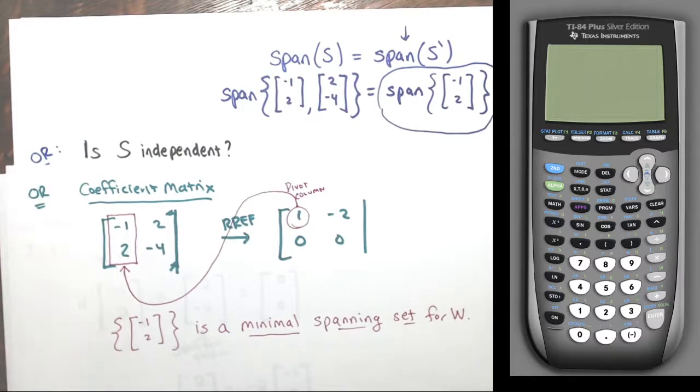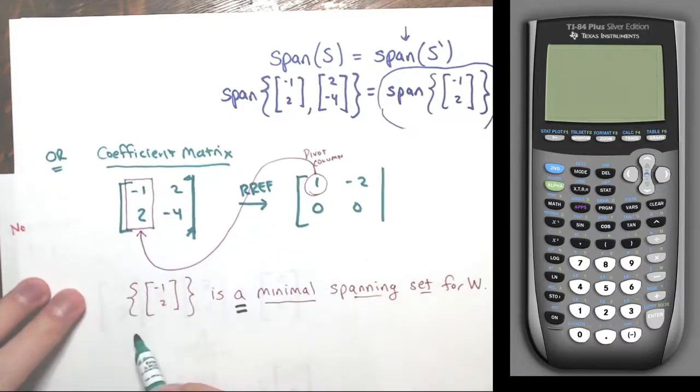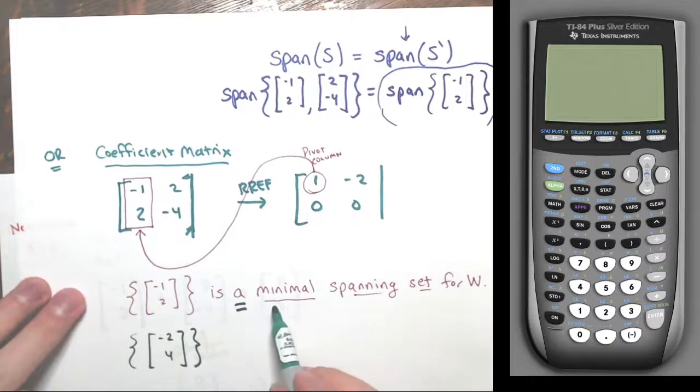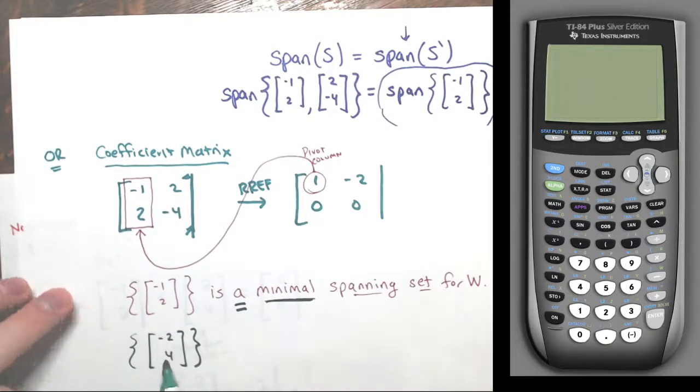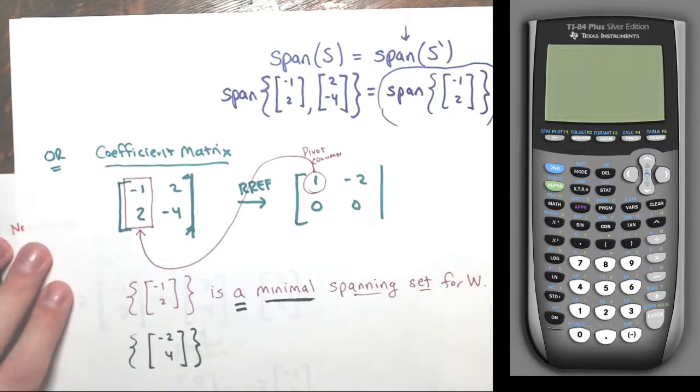Now I do say here that it is a minimal spanning set, not the minimal spanning set, because this vector is good, but this one, -2, 4, would also be good. It's only going to have one vector. I said minimal. This is a set with one vector that's minimal, so there's no set with less than one vector that's going to be a spanning set for W as well.